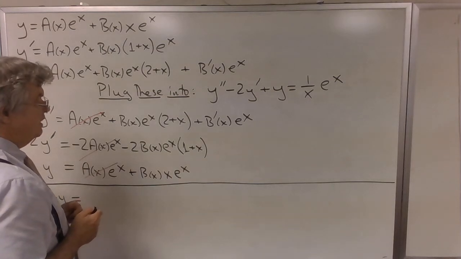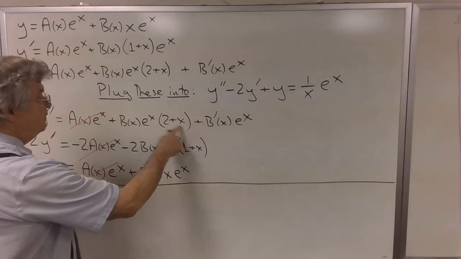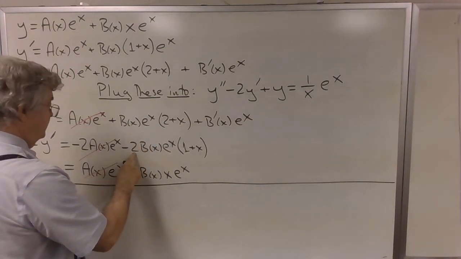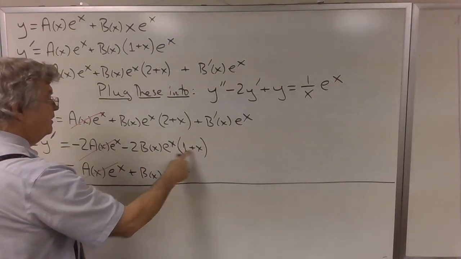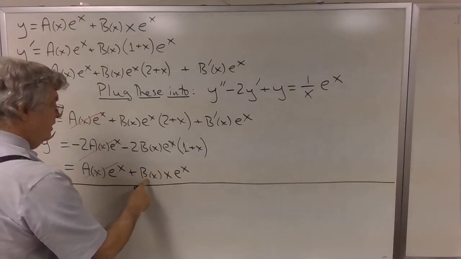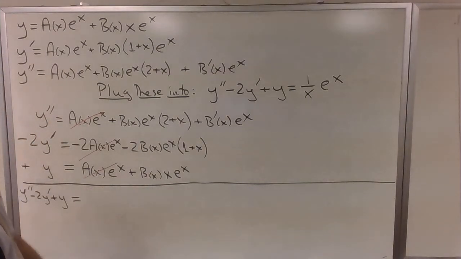Now what do we have here? x bx e to the x, minus 2x bx e to the x, plus x bx e to the x. Holy moly. I think they add up to 0.